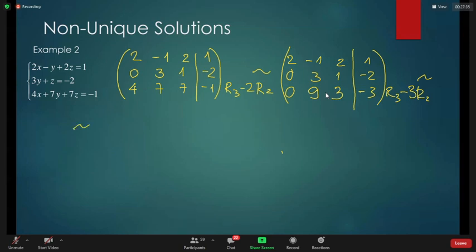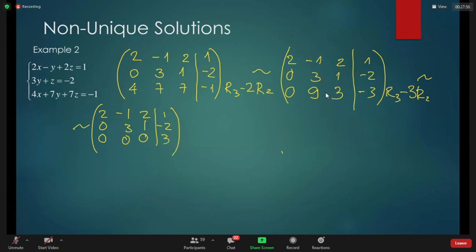But what we see here is, okay, the first row is the same, 2, minus 1, 2, 1. Second row, 0, 3, 1, -2. Third row, 0, 0, 9 minus 9, 3 minus 3, and -3 plus 6 is 3.